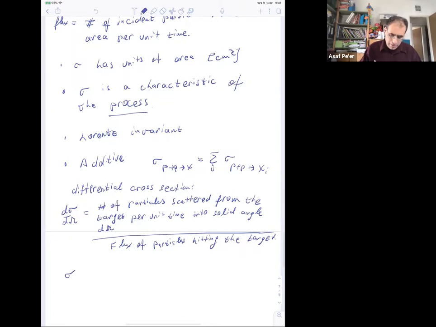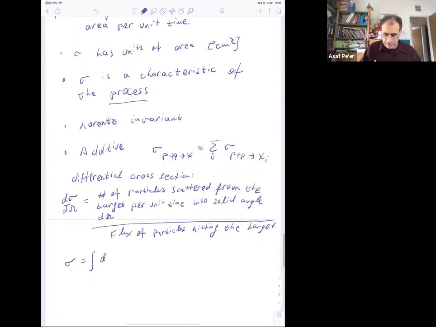Now, of course, the total cross-section is the integral over all angles of d sigma d omega.